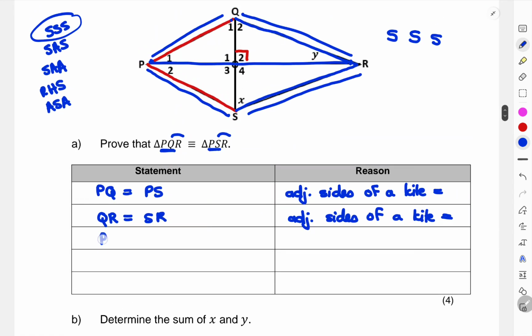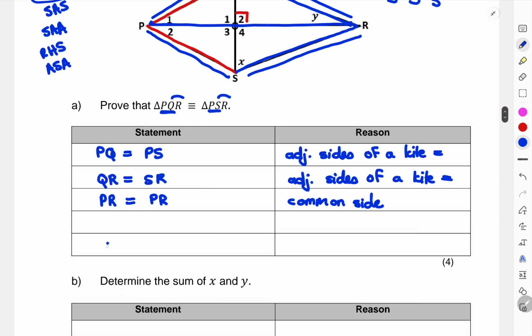And the last one, PR is equal to PR, the same side, because it's a common, now very important, it's not a common angle, it's a common side. So then I'm going to say thus triangle PQR is congruent to triangle PSR because of side, side, side.